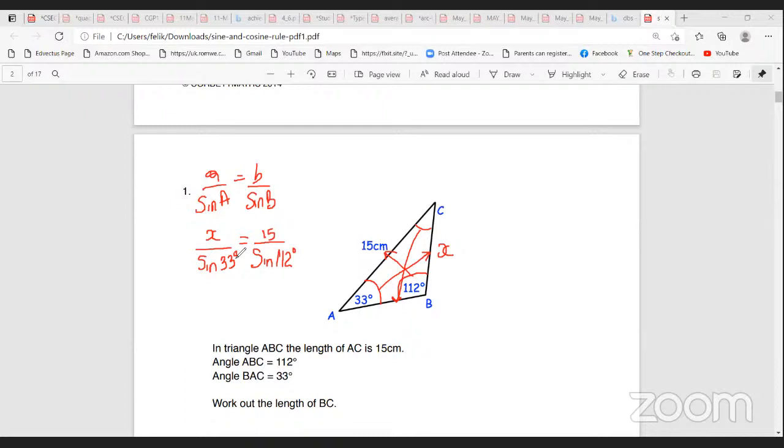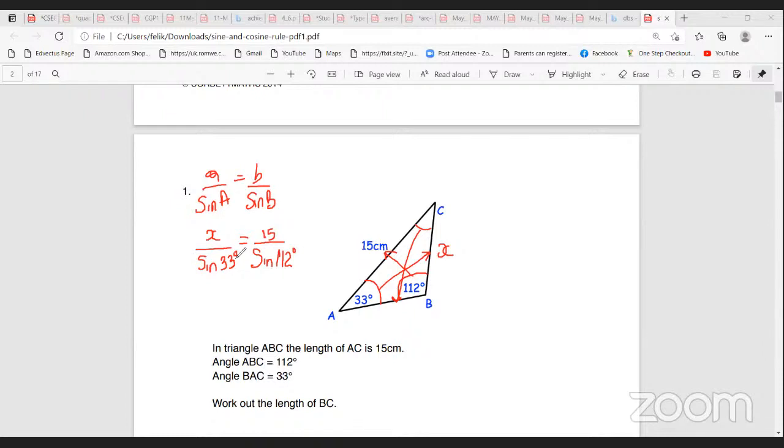We're going to rewrite it first. So we're trying to find x.